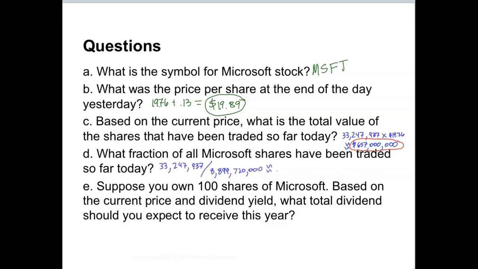If we divide those, we get about 0.0037, which as a decimal is about 0.37%. So less than 0.5% of the company has been moved around. So not very much movement there.